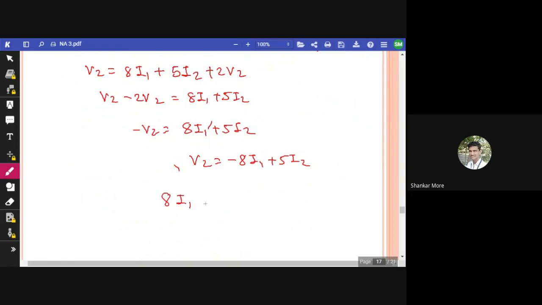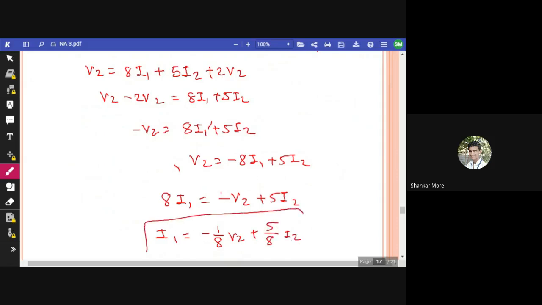I'm taking 8I1 here. Then minus V2 plus 5I2. I'm just interchanging this. Again, I1 will be equal to minus 1 by 8 V2 plus 5 by 8 I2. So we have got the formula for I1.